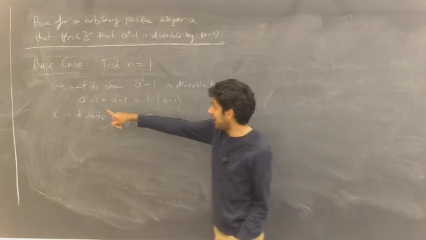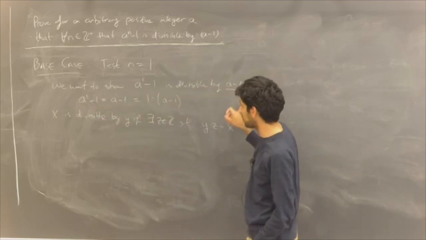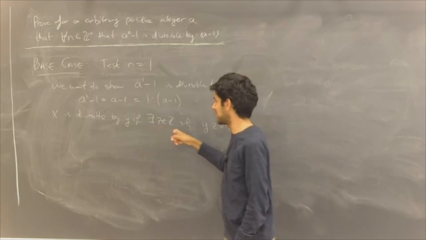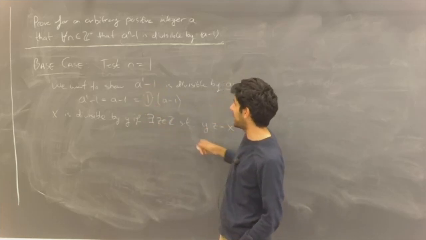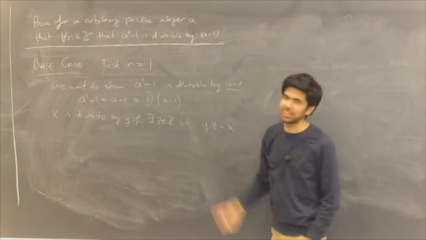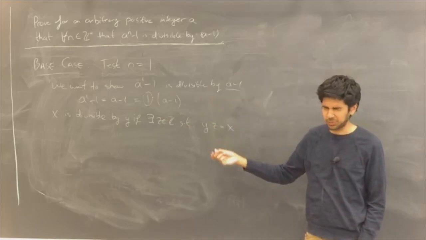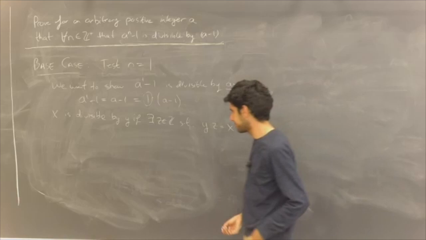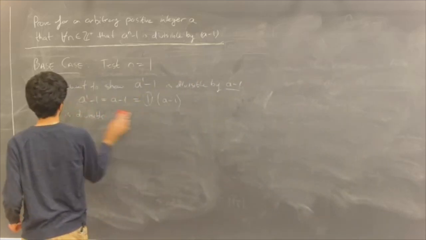So a to the 1 minus 1 is divisible by a minus 1 because there exists an integer such that y times z equals x. A minus 1 is divisible by a minus 1. Like, come on. All right. Cool. Let's move on to the induction step.